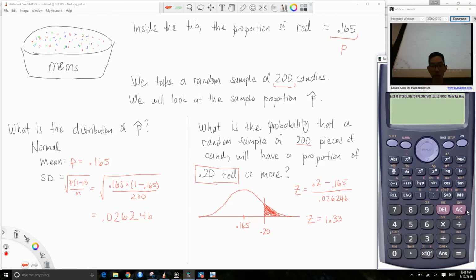So I did 0.2 minus 0.165, and then I'm going to divide this by the standard deviation, which is 0.026246, I think. What do you mean why? Well, in the previous part of the problem, we established that the standard deviation is this number, right? So the z is this minus the mean divided by the standard deviation. Okay, got it.